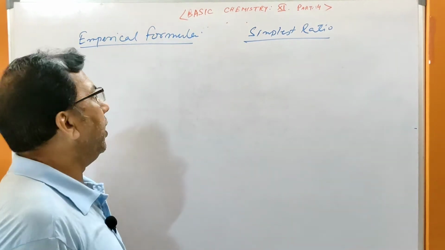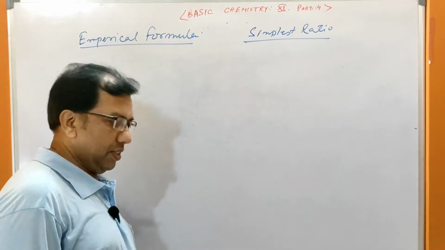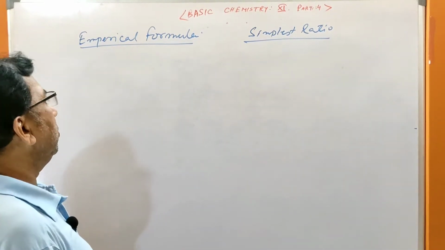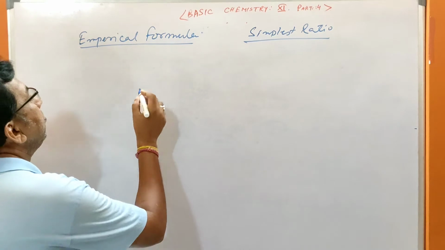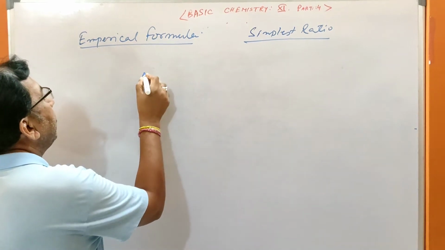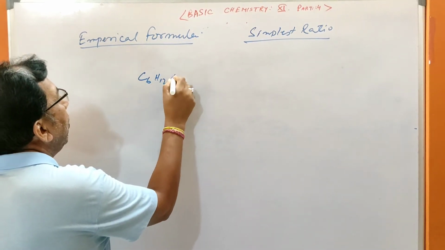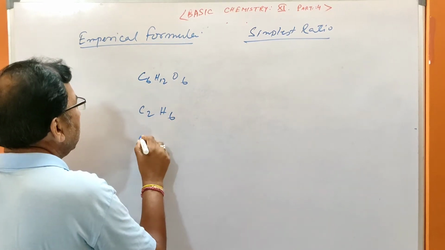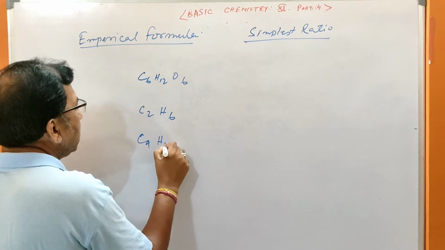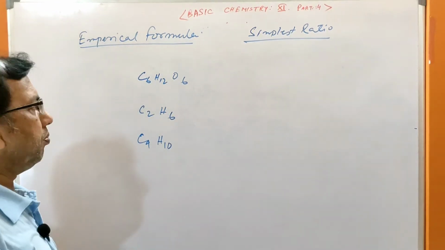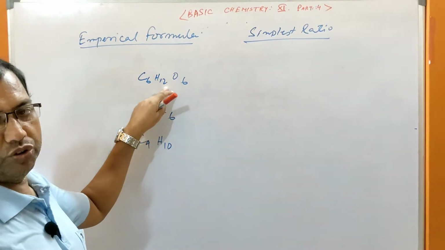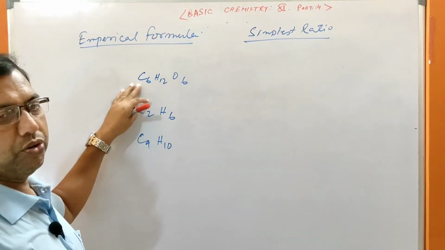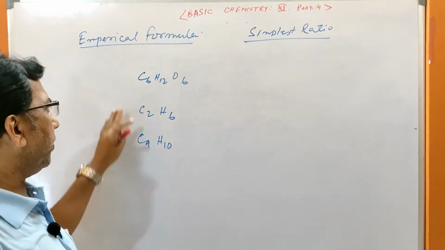So how to write the empirical formula? Before that, I am giving an example. Suppose you know the molecular formulas C6H12O6, C2H6, C4H10. These are molecular formulas of compounds: glucose, ethane, butane. So many compounds are there. This is the molecular formula.